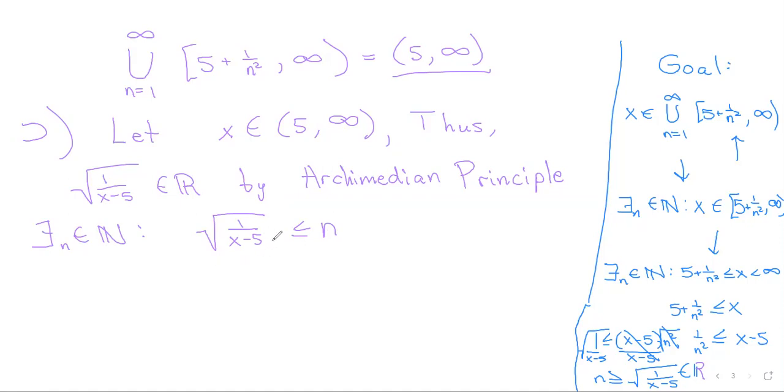So we'll be working our way back: square both sides, multiply by x minus 5, and then divide by n squared. 1 over n squared will be less than or equal to x minus 5.